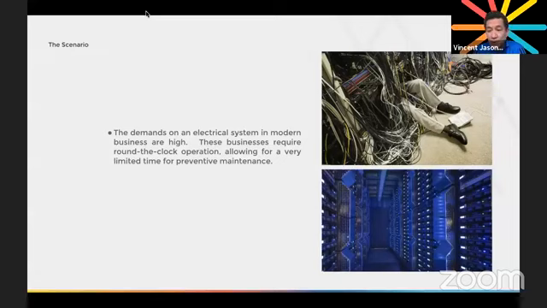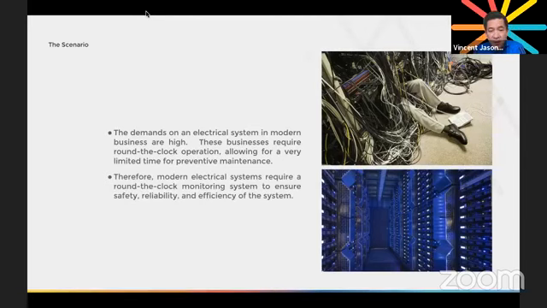Now, sometimes we're given 8 hours, sometimes even 4, just because people don't want to shut down. When they shut down, even for preventive maintenance, sometimes they lose money or they lose market share. In that case, maybe it's a good idea to have a round-the-clock monitoring system to ensure the safety, reliability, and efficiency of the system.